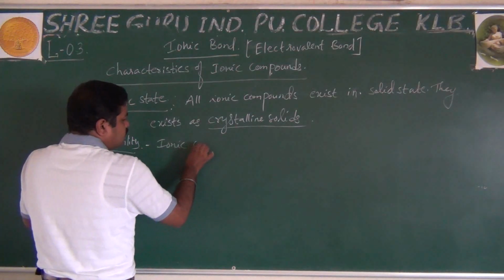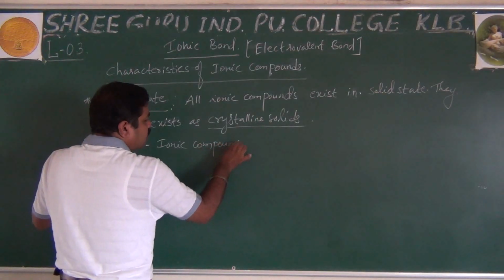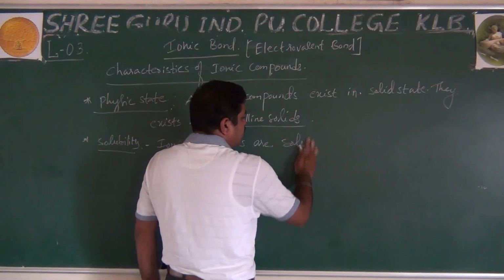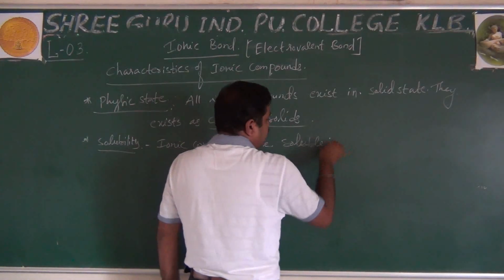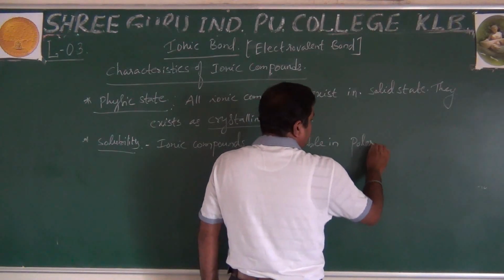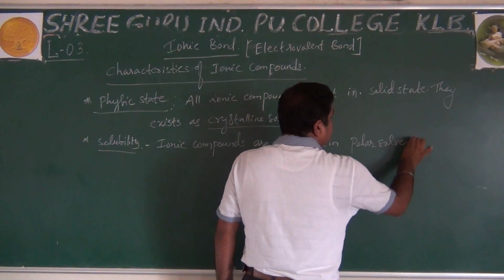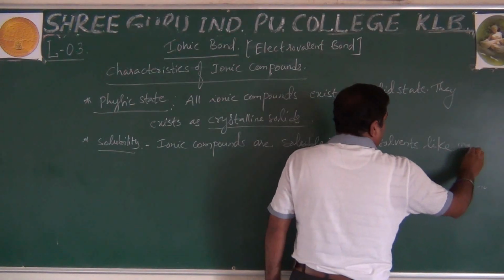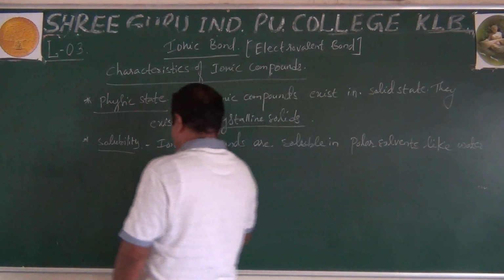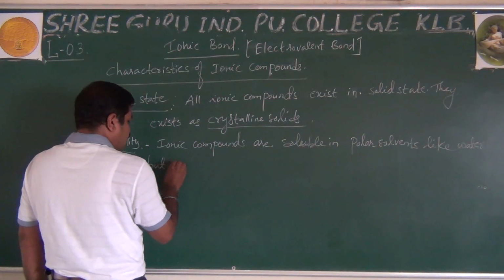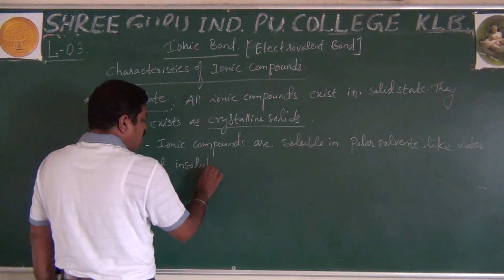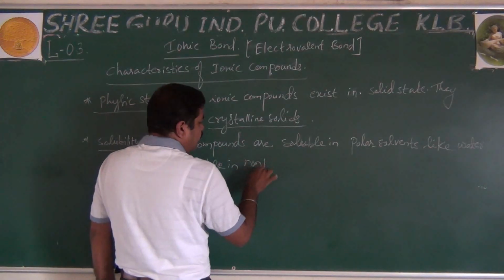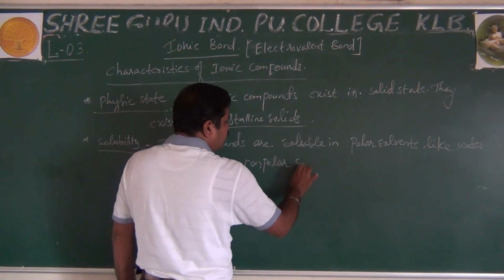Ionic compounds are soluble in polar solvents, like water, but insoluble in non-polar solvents.